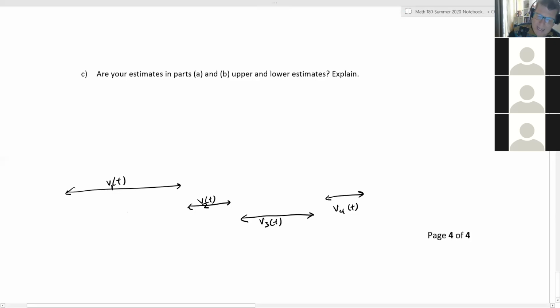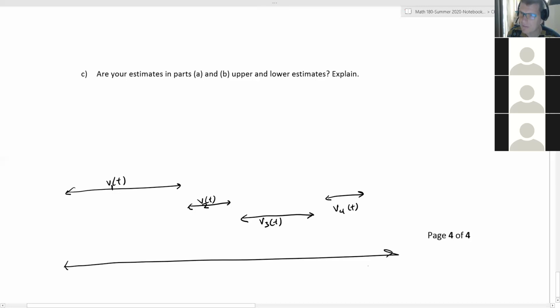Now, if we imagined that we found an average velocity, that average velocity isn't necessarily what's happening at each one of these time frames. So taking the average velocity over time is not as accurate as taking the smaller pieces of the velocity.